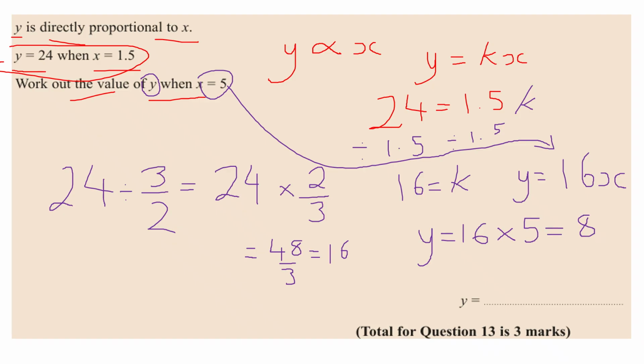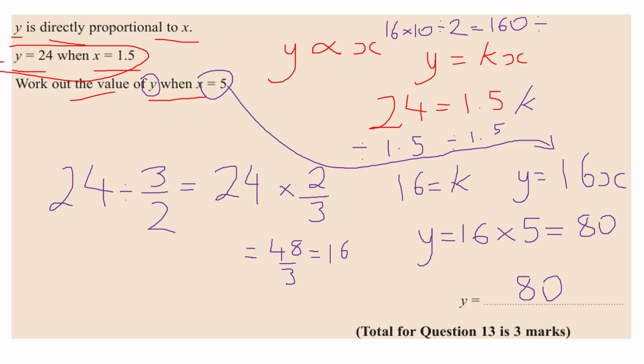A little trick here: if we times it by 5 in your head, we times it by 10 and then we half it, or we half it and then times it by 10. So in my head I'm doing 16 times 10, which makes 160, and 160 divided by 2, or half of it, makes 80.